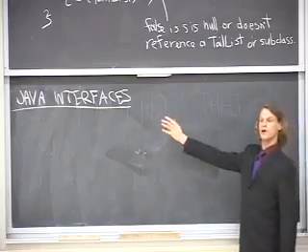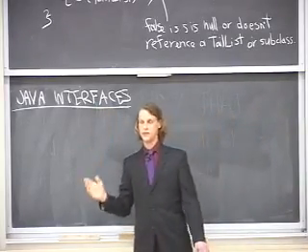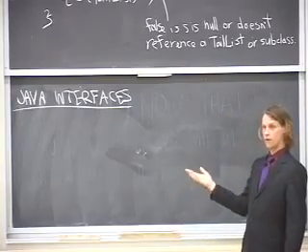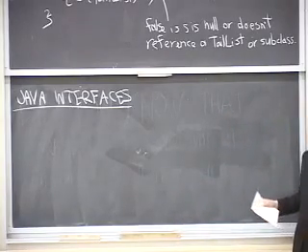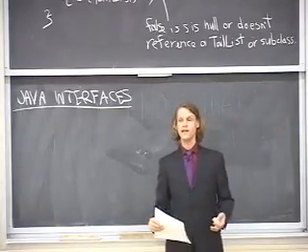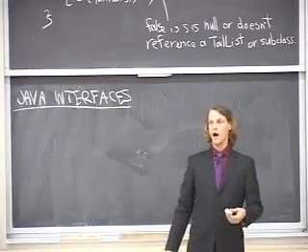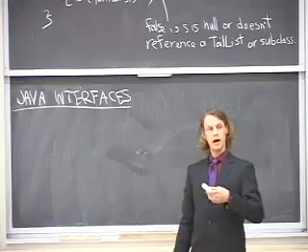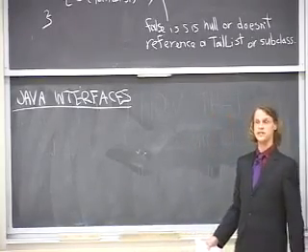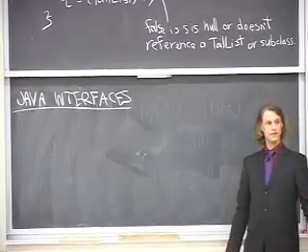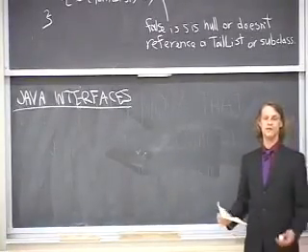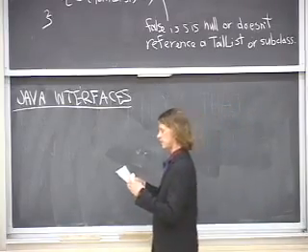So the confusing thing about Java interfaces is that the interface keyword is not the same thing as the interfaces I've taught you about, although it's related. So in this class, I will try to use the word plain interfaces when I'm talking about the public method prototypes of a class and the behaviors of those methods. So the same definition we've been using so far. When I'm talking about the interface keyword in Java, I'll say Java interfaces.